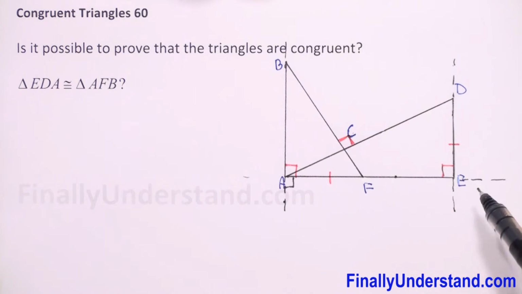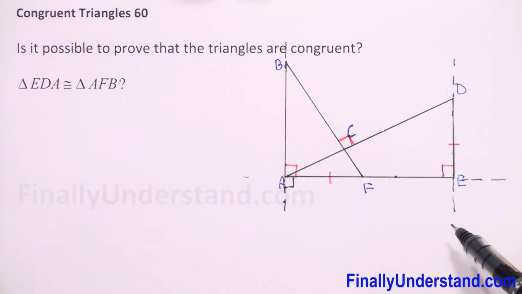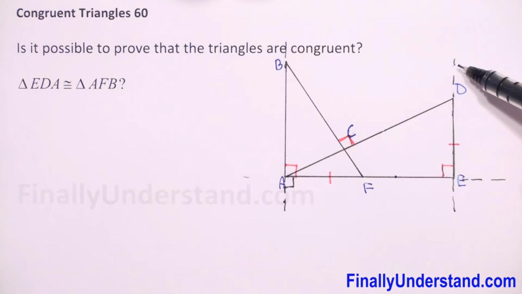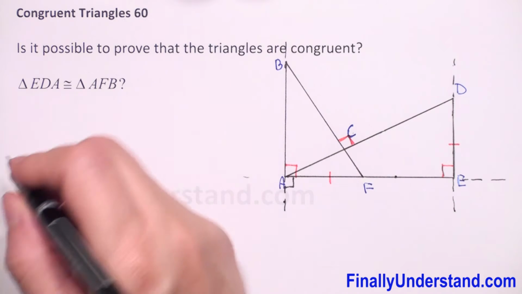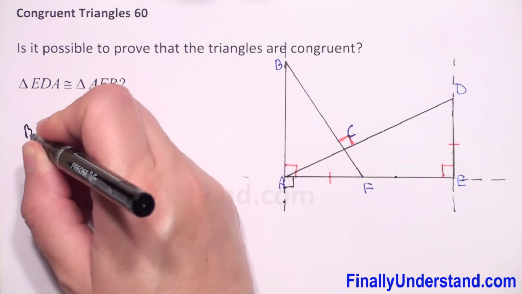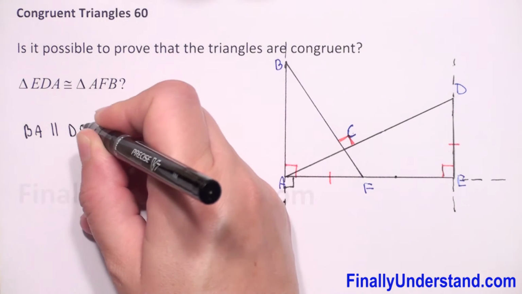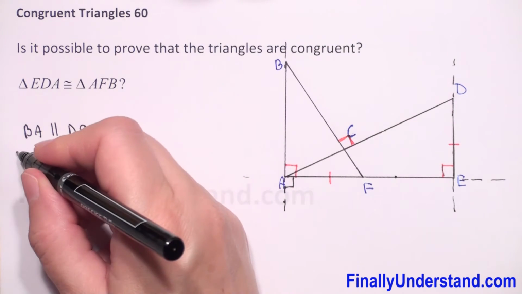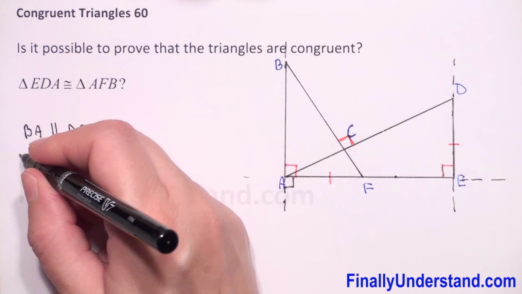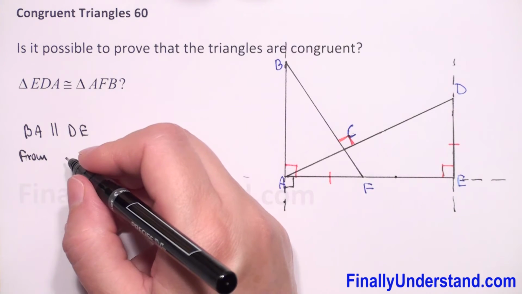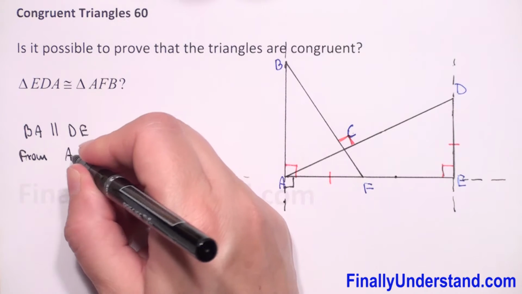So we have that alternate interior angles are congruent, then the lines are parallel. So BA and DE are parallel. Let me write this, that BA is parallel to DE, and we have this from alternate interior angles converse.